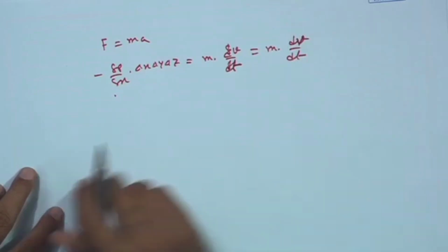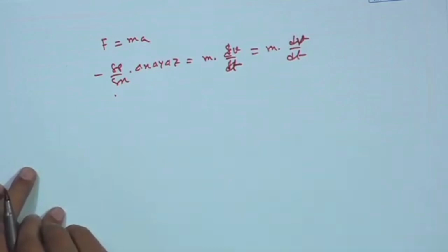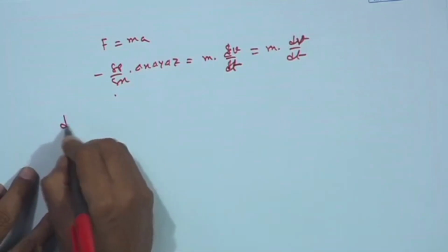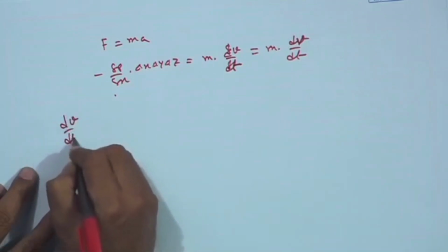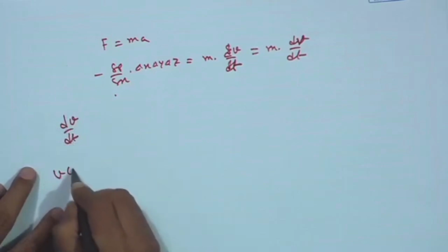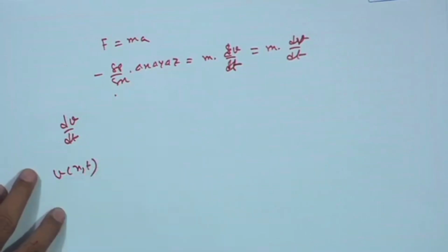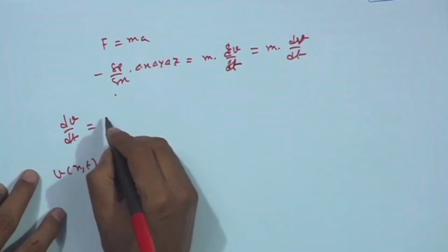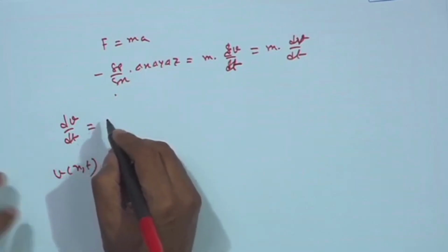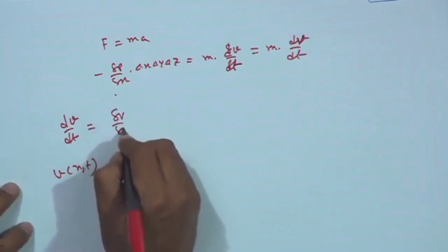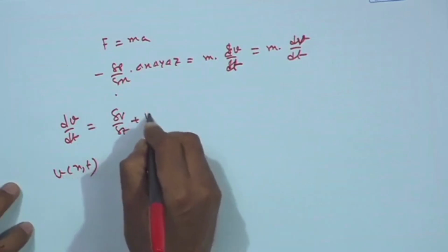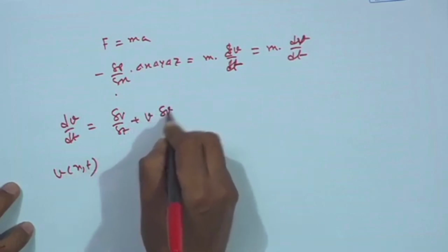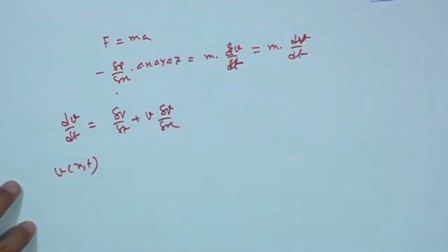Now, dv by dt is a total derivative, and v is a function of x and t. So I can say dv by dt is nothing but del v by del t plus v into del v by del x.